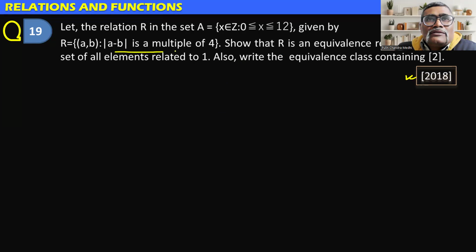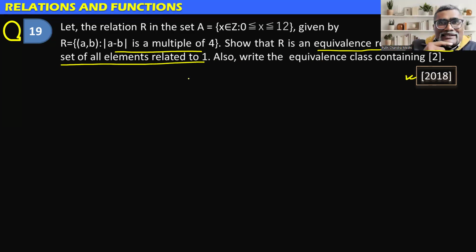It is a multiple of 4. It is an equivalence relation, right? So what they are asking you, see now, find the set of all elements related to 1. Actually, we have done this earlier, 159, you can remember that. Then they are asking you to find the equivalence class containing 2. So that means the set of elements related to 2.